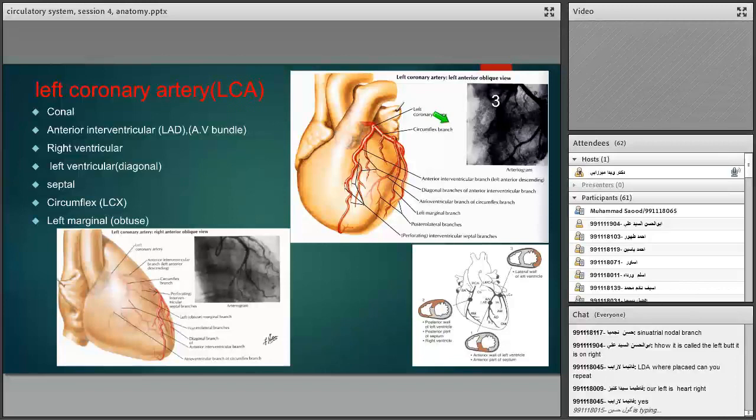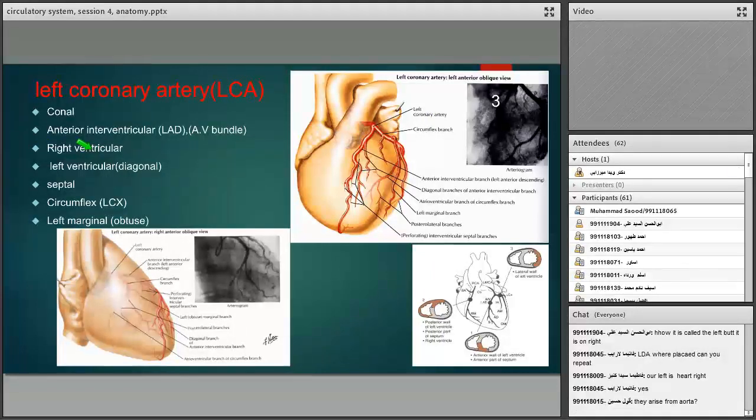This artery is sending some branches to the right ventricle with the name of right ventricular and to the left ventricle. Yes, the right and left coronary arteries are arising or branching out of the aorta, the aortic sinuses.